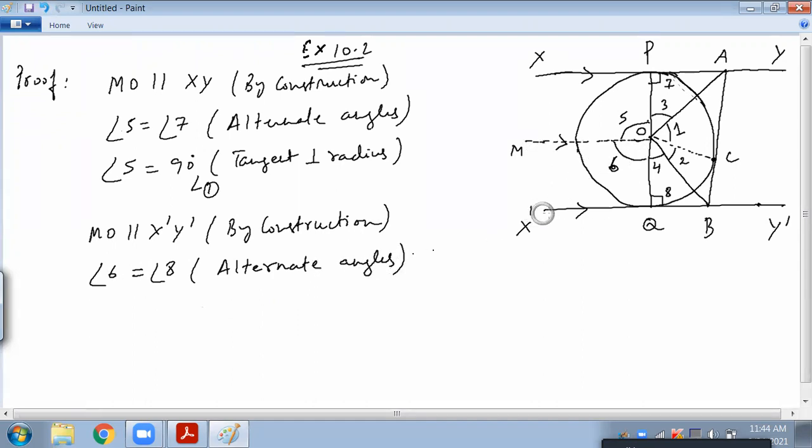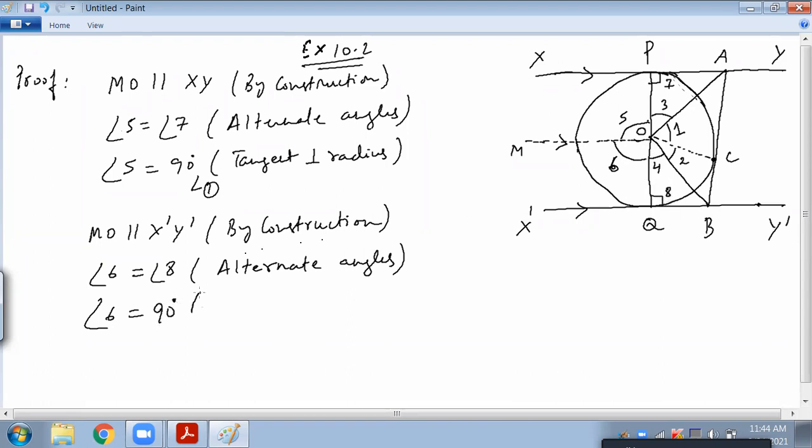If the lines are parallel, alternate angles are equal. But again, angle 8 will be 90. Why? Because OQ is a radius at Q, and X'Y' is a tangent at Q. So angle 8 will be 90.